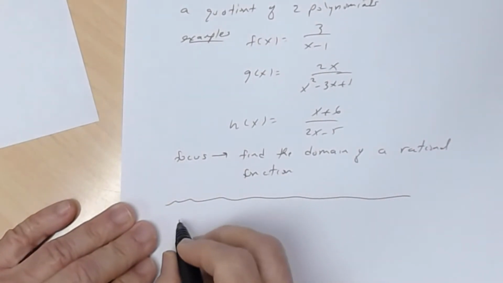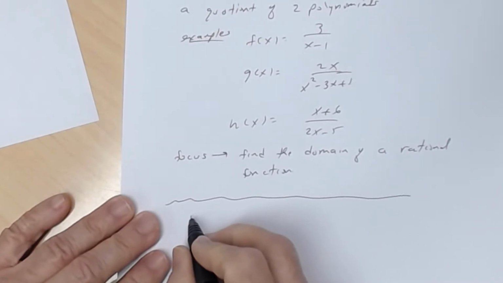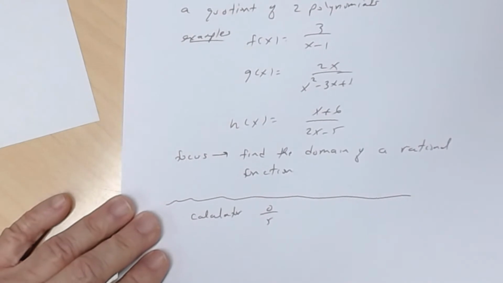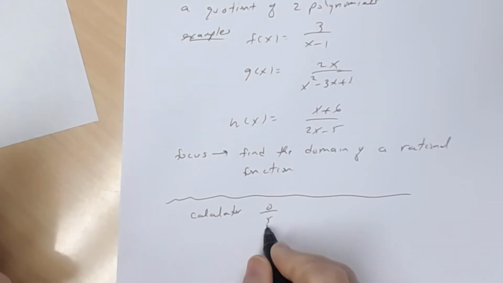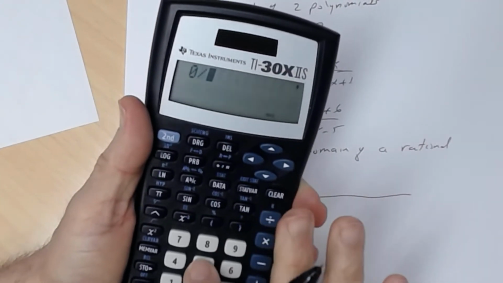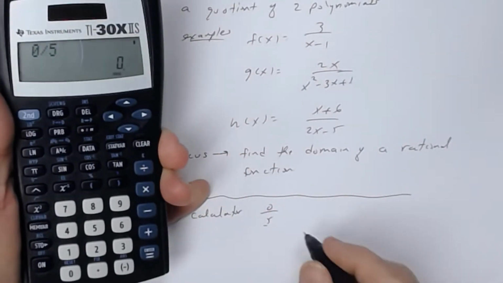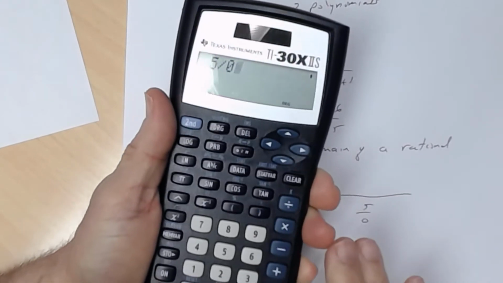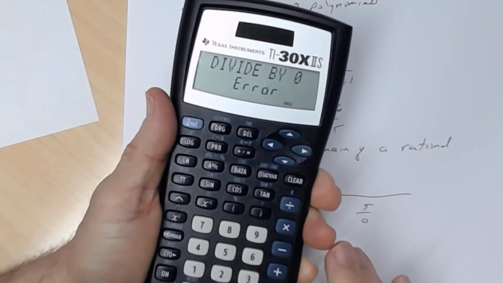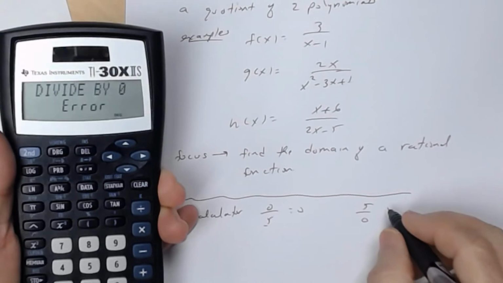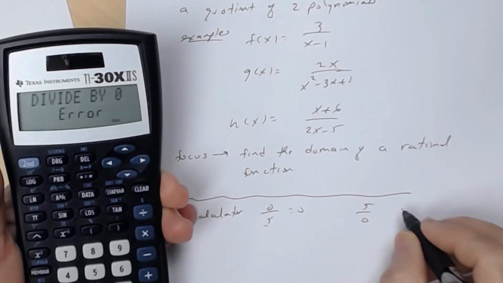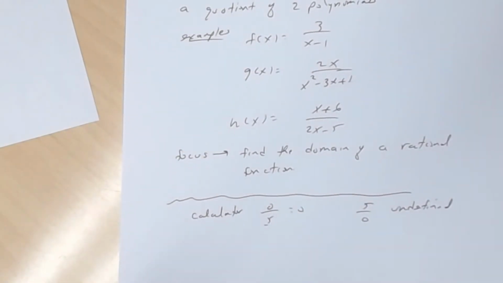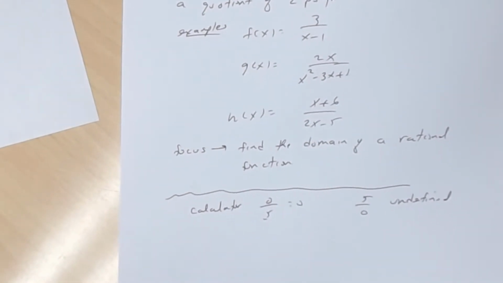If you were to, on your calculator, say 0 divided by 5, you will get 0. But if I did 5 divided by 0, notice what happens. You get an error. So you can't divide by 0. Remember, anytime you divide by 0, that's undefined.